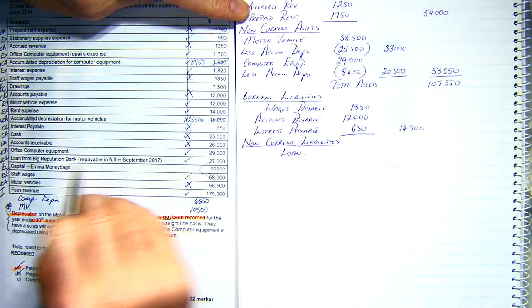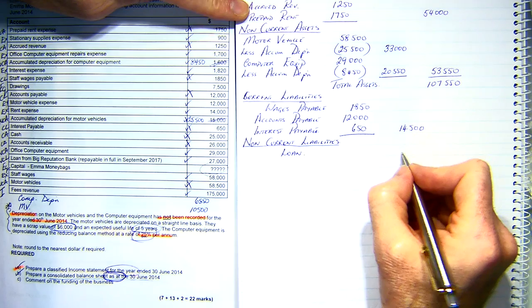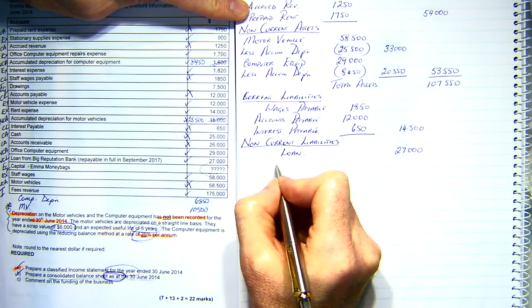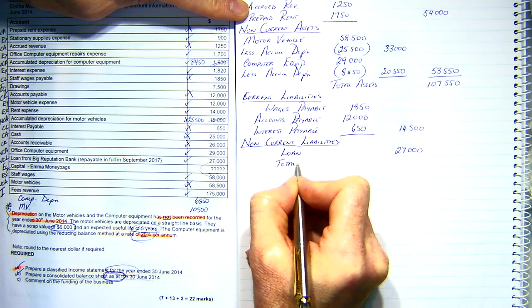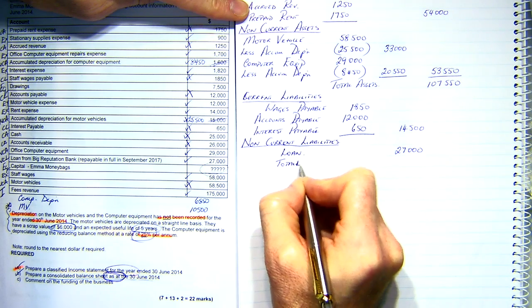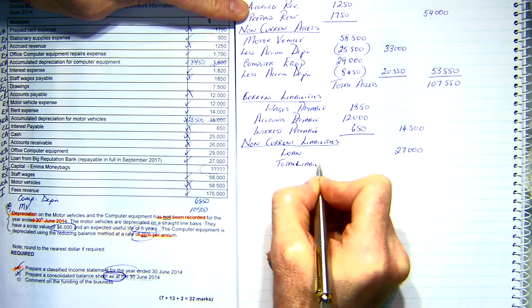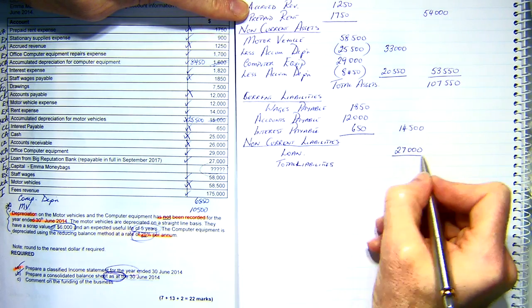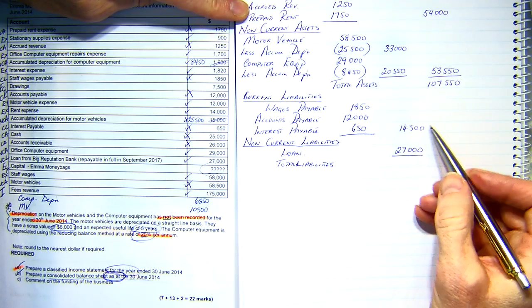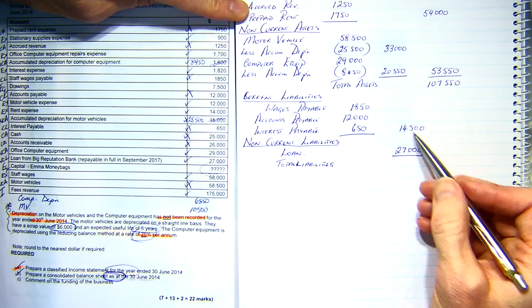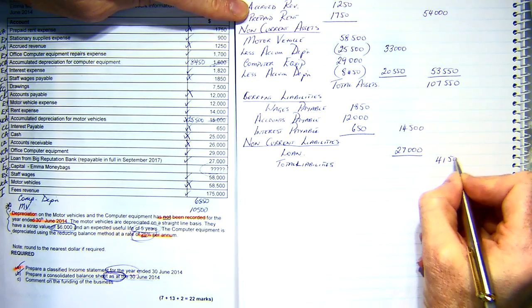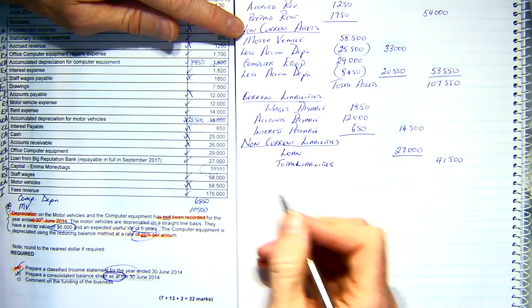So the loan is for 27,000. So total liabilities. We've got 27,000 and 14,500, which is 41,500.